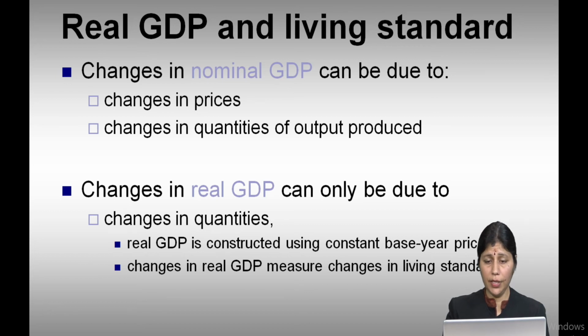Change in real GDP can be due to change in quantities, real GDP is constructed using the constant base year prices. Changes in real GDP measure changes in living standards, because whenever there is a rise in per capita income or purchasing power parity, the people will make more expenditure. When they are able to make more expenditures, of course, more manufacturing or production is required in the country.